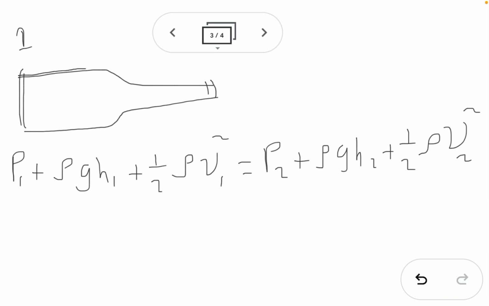All right, so now the heights, okay, we have P1 plus rho g h1, and also on the other side we have an h2. So if the system is horizontal, then we are going to look at the center of this particular system, and we are going to make that the reference.